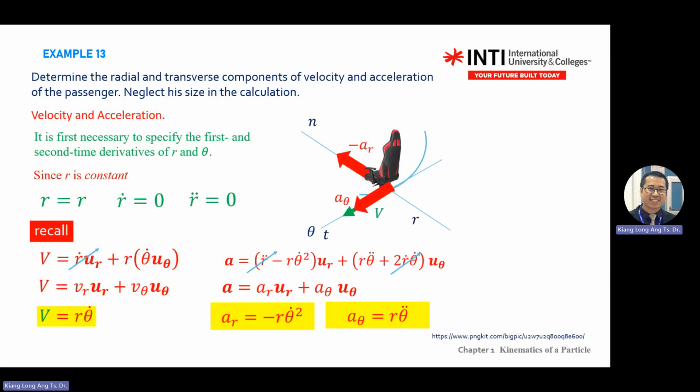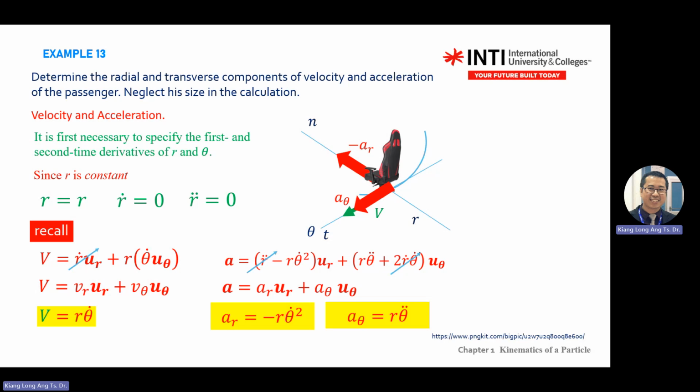Okay. We have a break here. u theta is this direction. Theta dot, not theta. Okay. This is magnitude. Vector has a magnitude and direction.